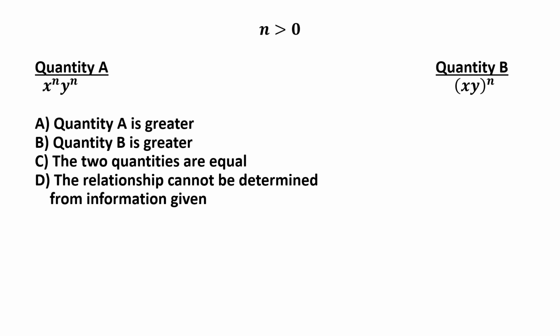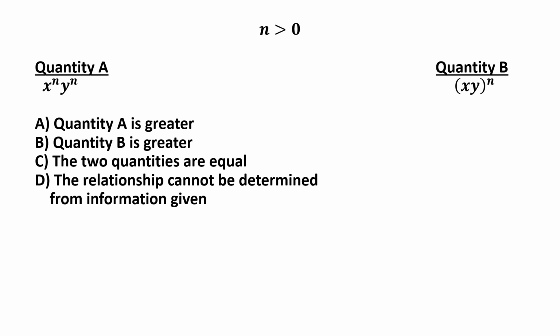So if you look, quantity A is x to the power n multiplied by y to the power n, and quantity B is (xy) whole to the power n. It may seem fairly obvious that these two are equal, and they are equal for most cases.